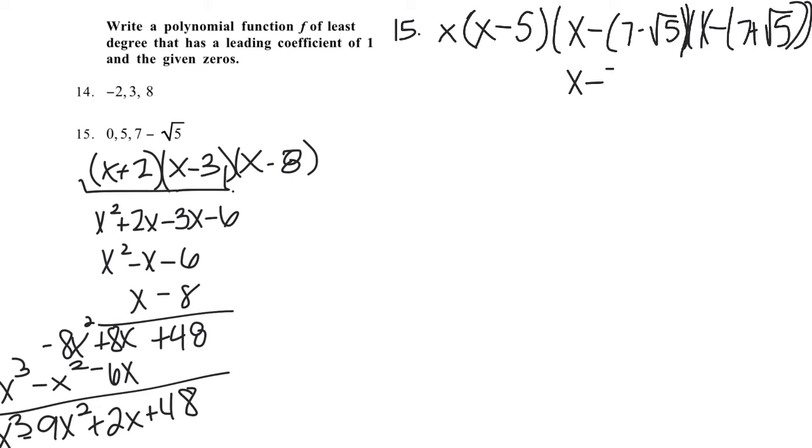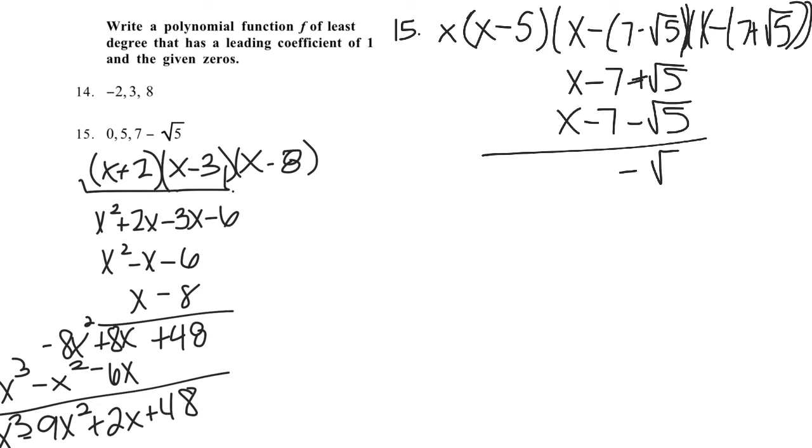x minus 7 plus square root 5 times x minus 7 minus square root 5. That's what I get when I distribute my negative. And I get negative square root 25, which is just 5. So I get negative 5. And I get positive 7 square root 5, and I get negative x square root 5. Now it's negative 7 times square root 5, so negative 7 square root 5.